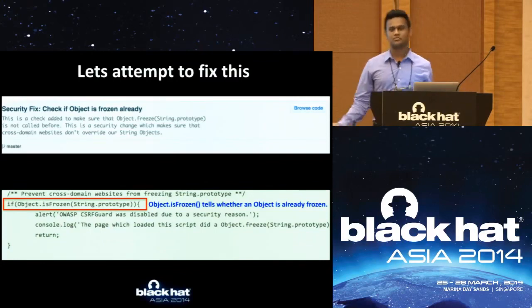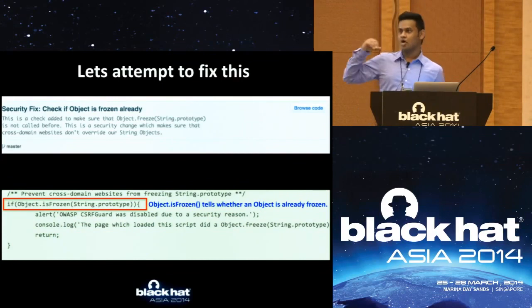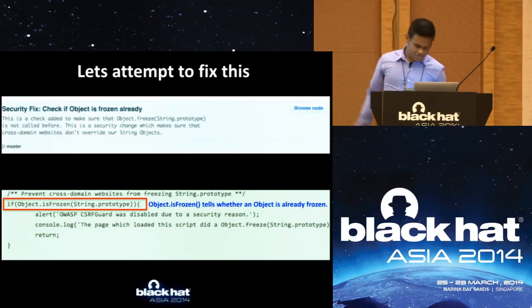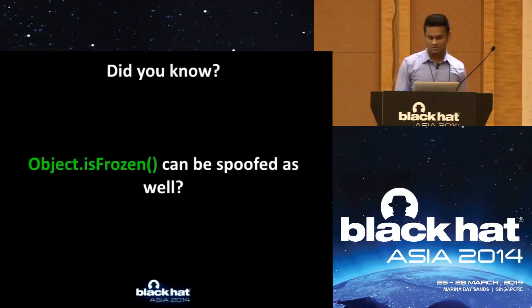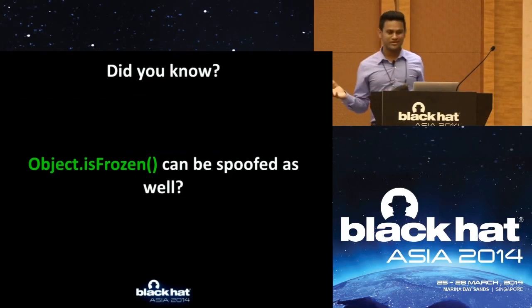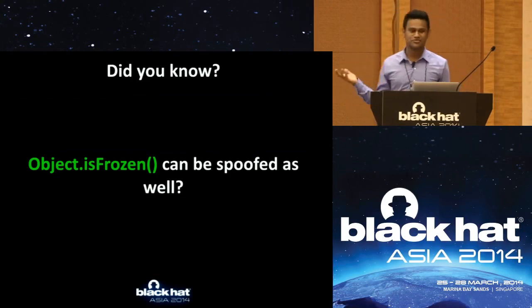So it's not a custom implementation, it goes according to the standard. So we can check if my object is already being redefined, and if it's frozen already, then I can know that someone has tried to change a given object, which is String.prototype, correct? And we push the fix. Now, the problem is JavaScript is so dynamic that even your Object.isFrozen can be spoofed.